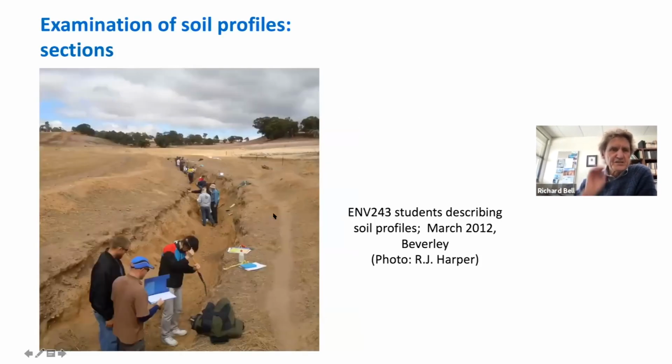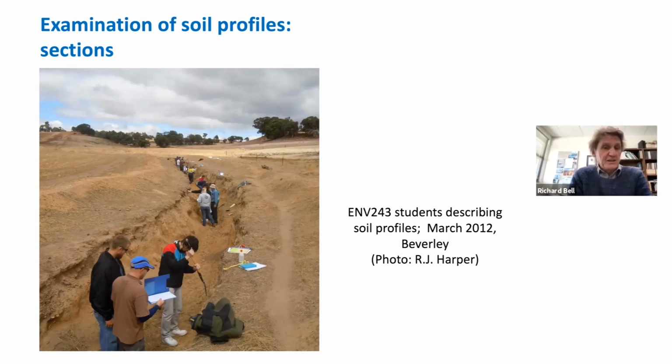So there are some properties that you can assess with an auger and some that are not so reliable. If you can find natural sections, that can be a really good way of looking at soil profiles. So this is one that we take our Water and Earth students to each year out at Westdale, and the Department of Agriculture put us onto this site.